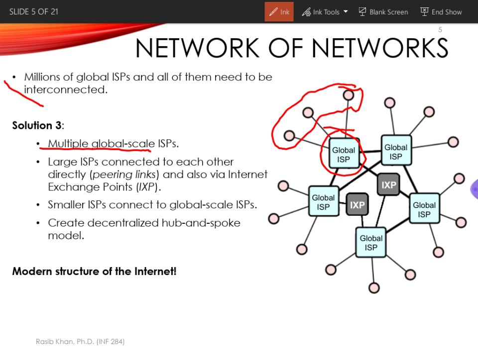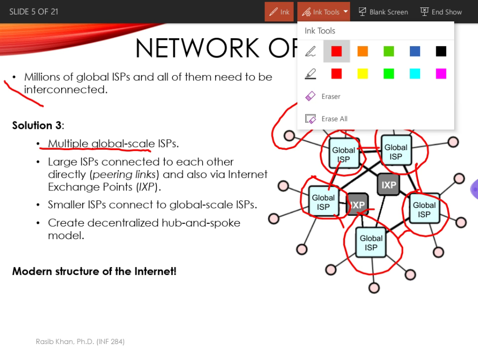And the large ISPs, which are the global ISPs, are connected to one another, right? What happens is that we are distributing the monopoly market, which we saw in the previous solution, and also we are creating this hierarchical organization.